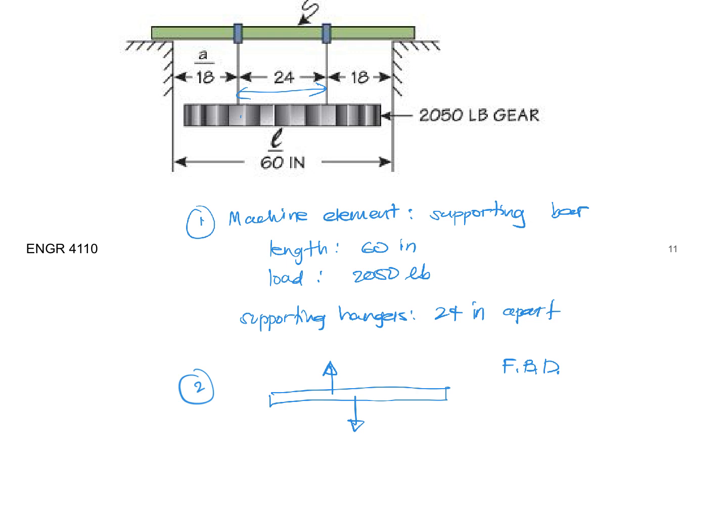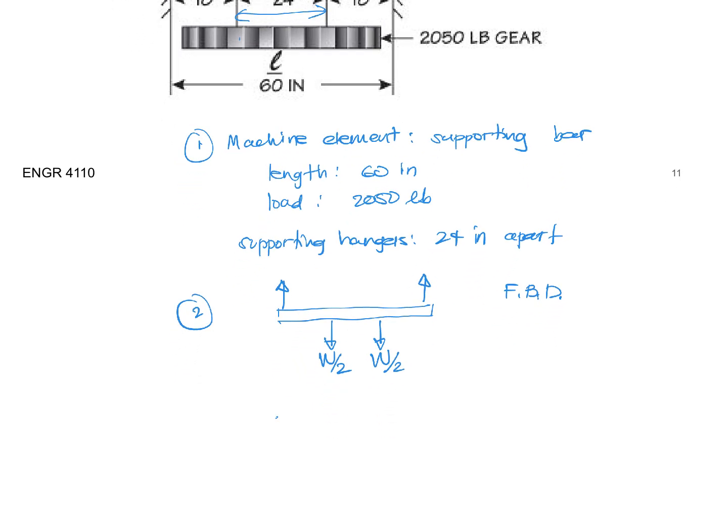I'm sorry, that's a wrong free body diagram. So we'll draw the bar again. The weight is distributed here, the weight of the bar. And then that's the reaction at this point here.